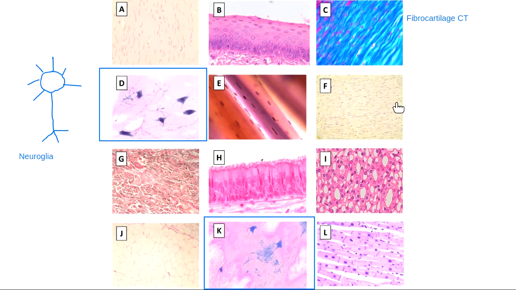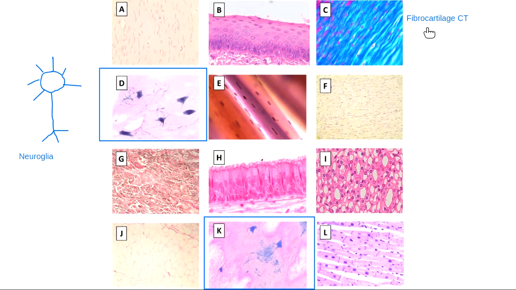So fibrocartilage gets its name because it has so many protein fibers. Those protein fibers stain blue when I put them on a slide. So fibrocartilage is what I see up here at the top with those blue proteins. By the way, this is a type of cartilage tissue.